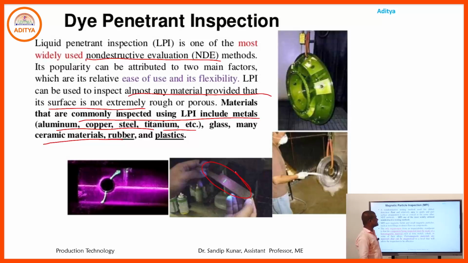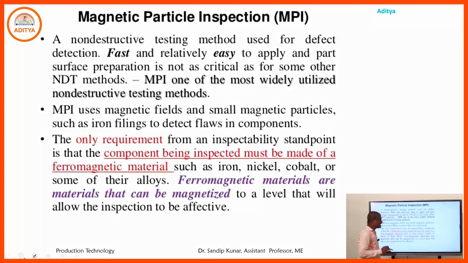Magnetic particle inspection method. This is also a non-destructive method. It is fast and relatively easy to apply, and part surface preparation is not critical. As with some other NDT methods, MPI is one of the most widely used non-destructive testing methods. MPI creates magnetic fields and uses small magnetic particles such as iron filings to detect flaws in components.